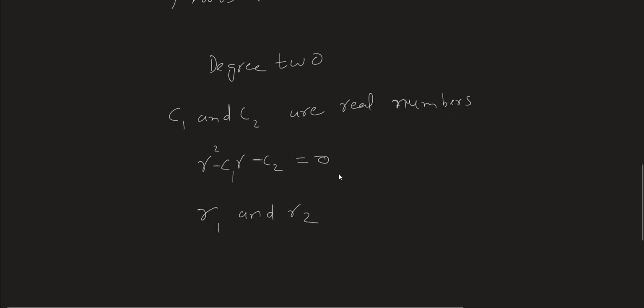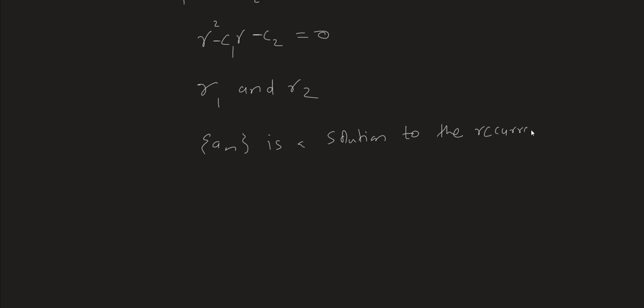Then a_n is a solution to the recurrence relation a_n is equal to c1 times a_(n-1) plus c2 times a_(n-2).